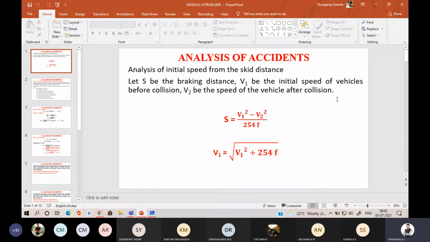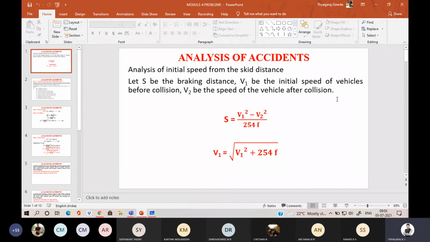So in the analysis of accidents, keep in mind, we are going to find out the initial speed, that is what the speed of the vehicle was when it was moving before collision.